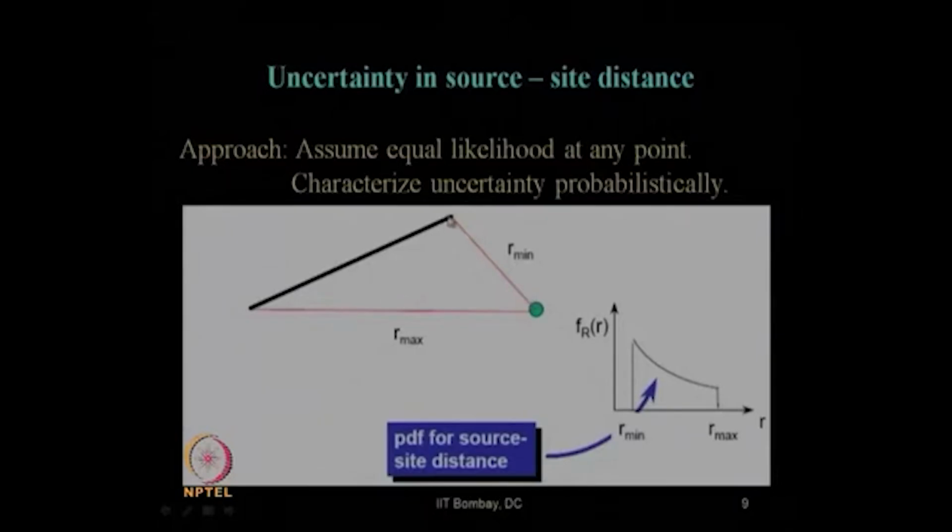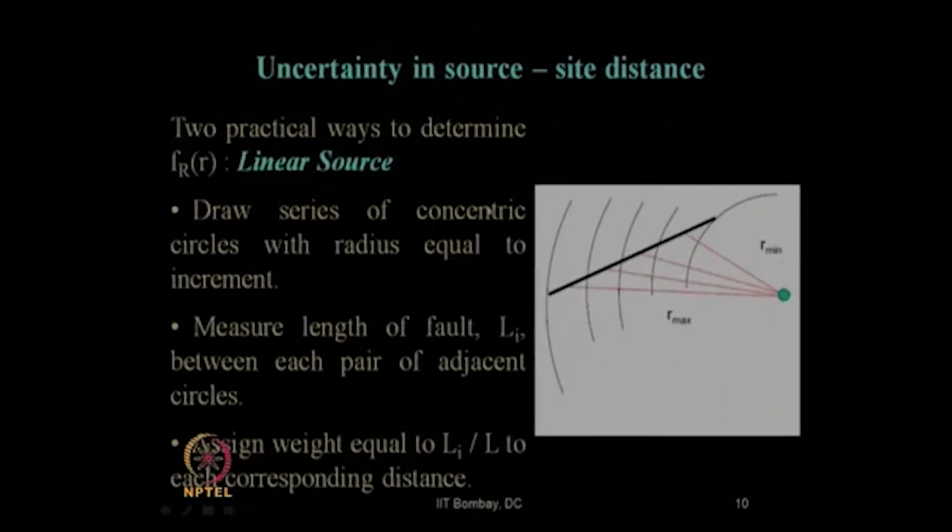We can find out R minimum, R maximum, and all other R, that is, the distance from site to the source, and find out the probability distribution function through the process of histogram for that R. Okay? Then we have seen how to proceed with that.